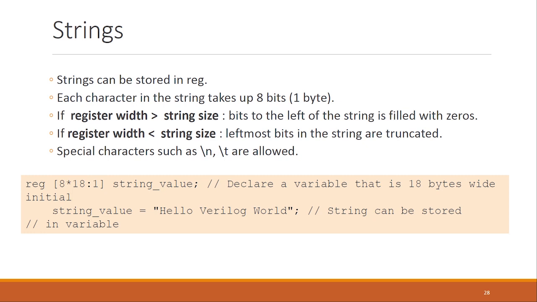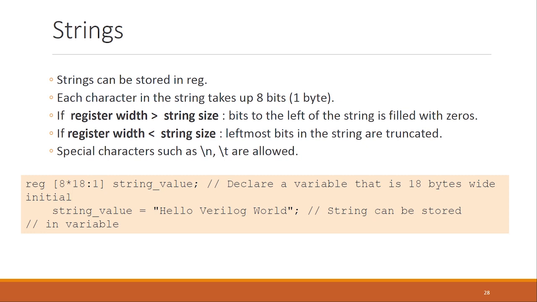In fact, in this course we'll most probably be using only wire and reg variable types, because those are the things that help us model real hardware circuits, because in hardware you are not going to store strings directly and things like that, but these things are there in Verilog to support other needs you might have.